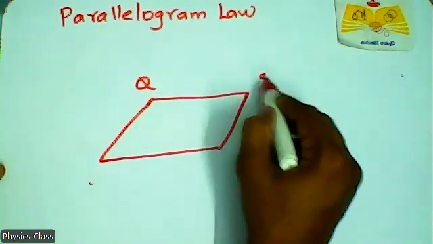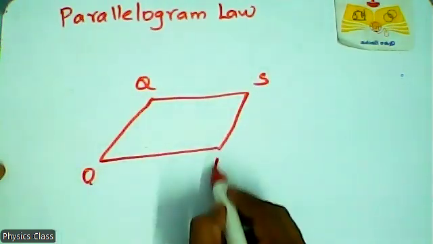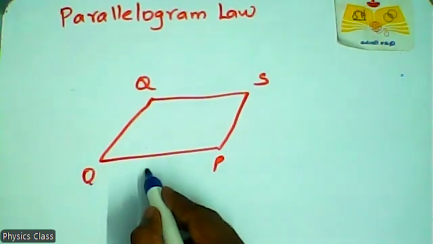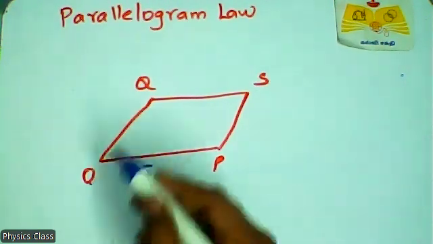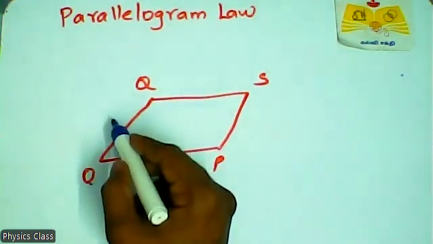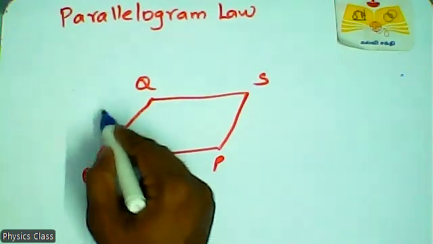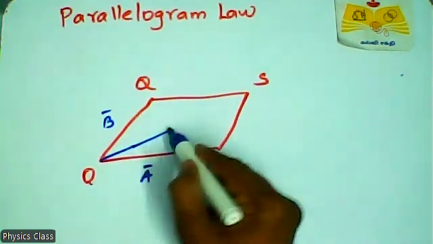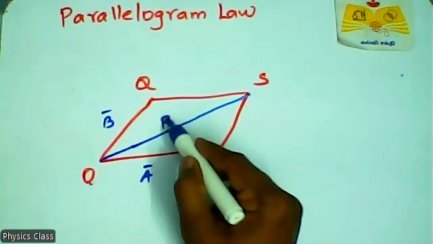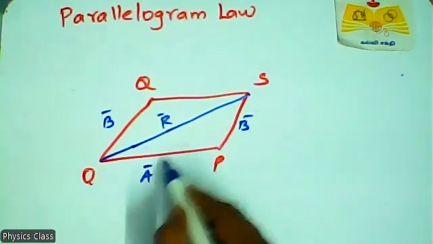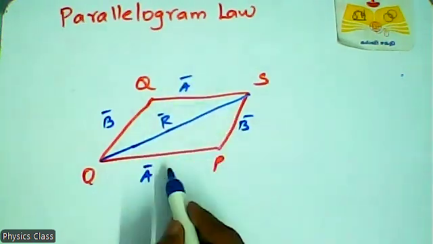This is Q, this is S, this is O, this is P. Here is the A vector, A bar. This is the B bar, and this is the resultant R bar. This side is also B bar, and this is also A bar.